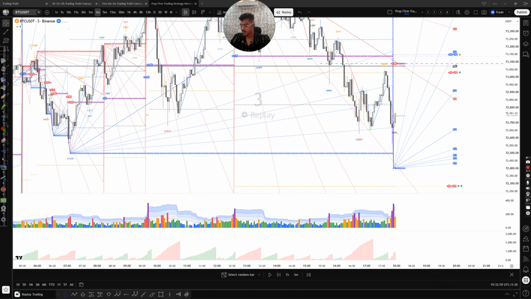Okay, more effort, less result on the down wave, long trade. This is going to be when, just more effort, less result on the down wave.